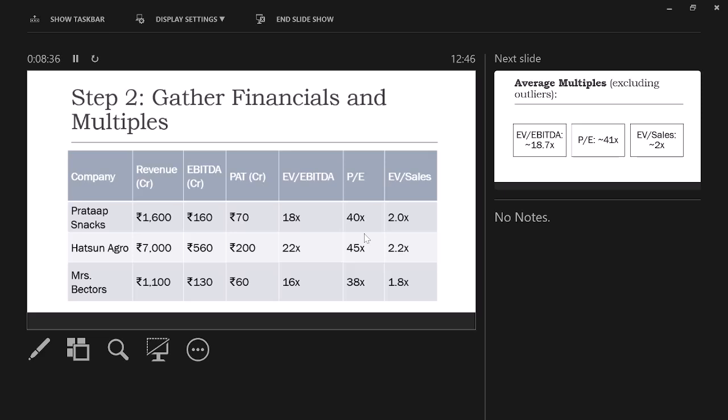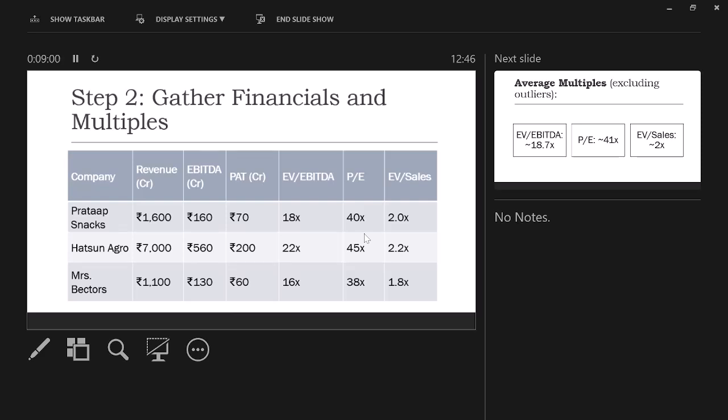And if you look at the multiples, these are called the valuation multiples, or how the companies are valued. So EV to EBITDA is 18x for Pratap Snacks. For Hatsun Agro it is 22x. For Mrs. Bector it is 16x. Now if you see this list, which is the cheapest company according to you? Ishani?